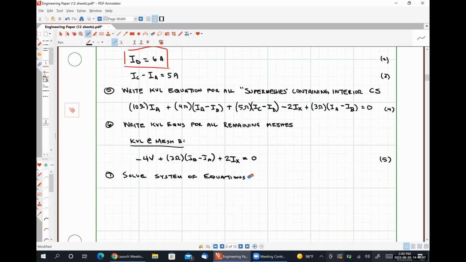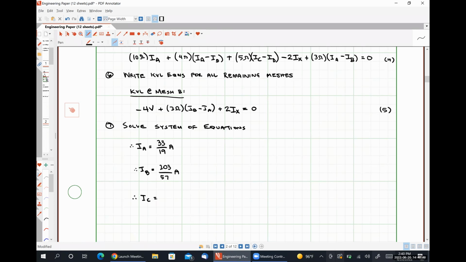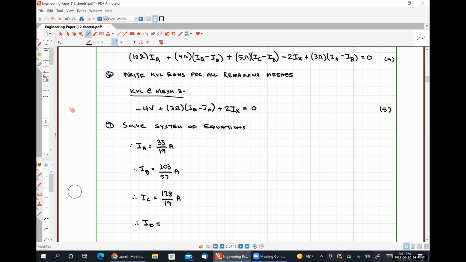And in doing so, we would find that IA was equal to 33 over 19 amps, IB was 203 over 57 amps, IC was 128 over 19 amps, and ID was simply 6 amps.